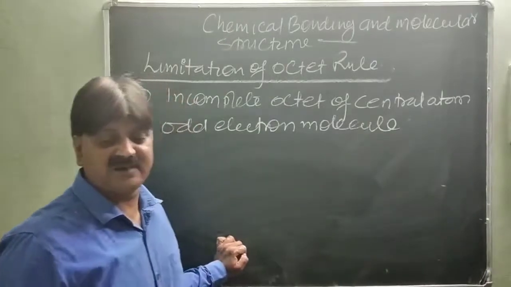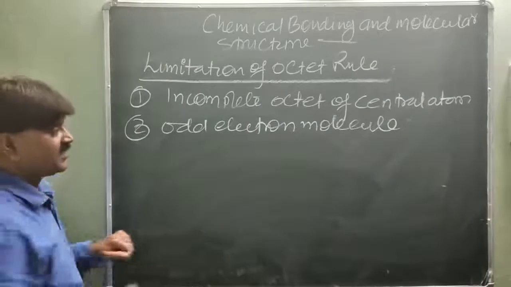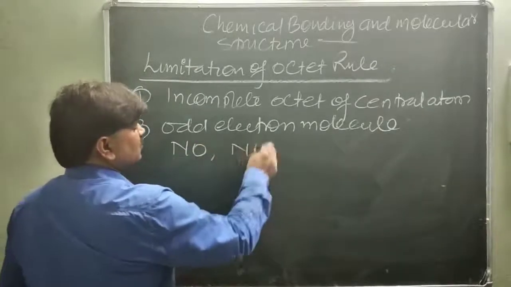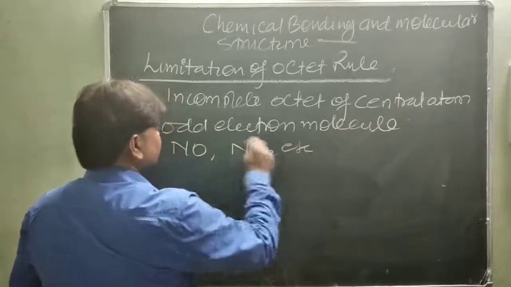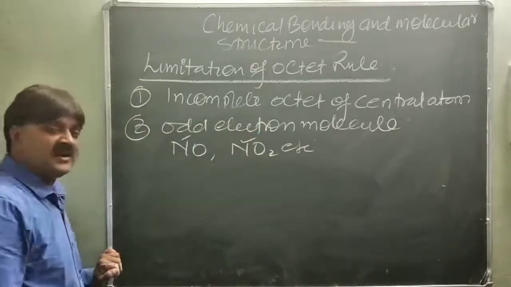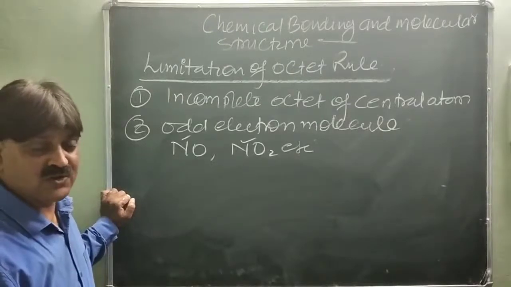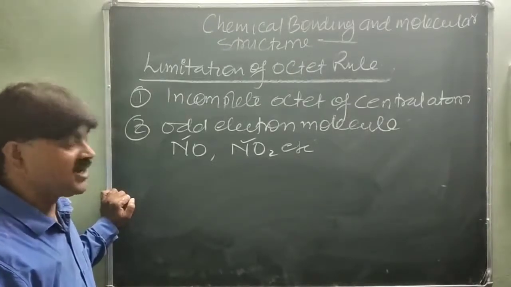Just like in the case of nitric oxide and nitrogen dioxide, NO, NO2, etc. The nitrogen has no 8 electrons in its outermost shell after bonding, which means they do not follow the octet rule.